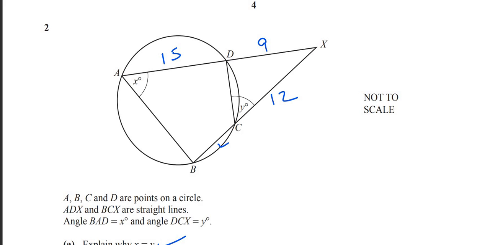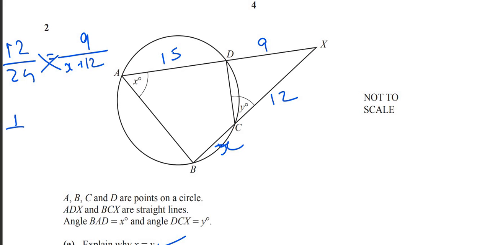Okay, so this means that 12 upon 24 is equal to 9 upon, let's call this side x plus 12. Now you will cross multiply, so 12 upon 24 is 1 upon 2 is equal to 9 upon x plus 12.